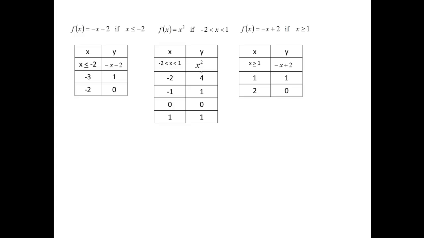Y would be 4. Or if we go all the way to 1 with x, y would be 1. So here's what that graph would look like. Now again, we'll have an arrowhead here because x is going to continue in that direction according to this part of the piecewise defined function.